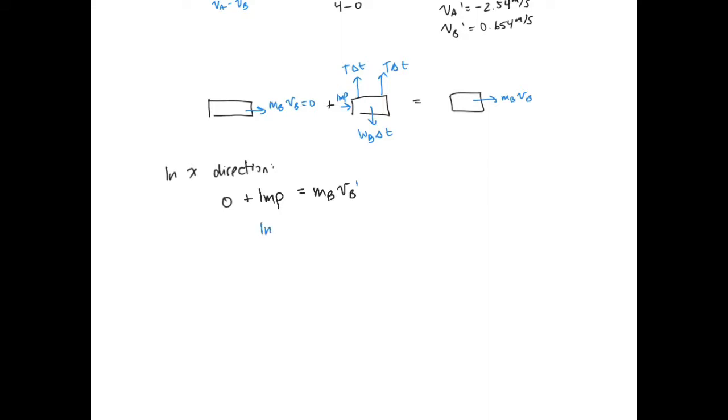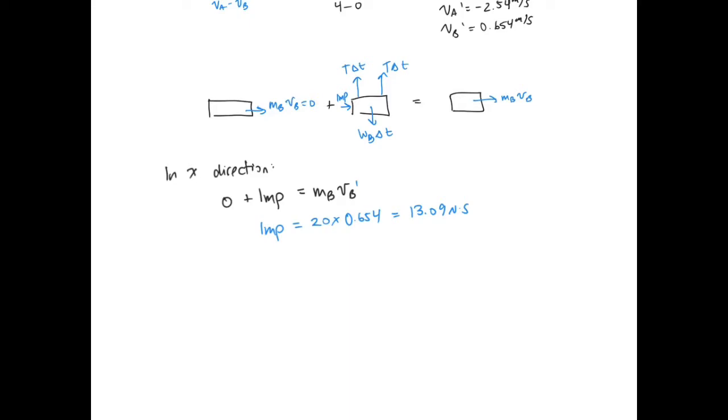So now we can say our impulse from the ball is equal to mB, which was 20, times vB prime, which was 0.654, and the impulse is equal to 13.09 Newton seconds.